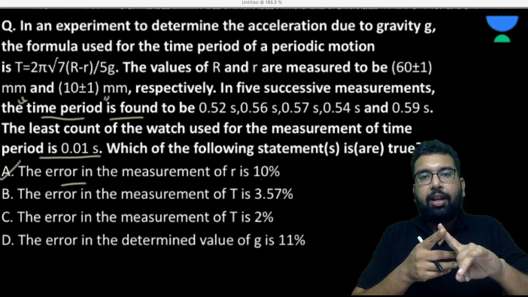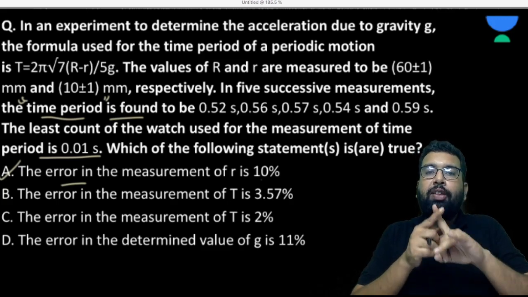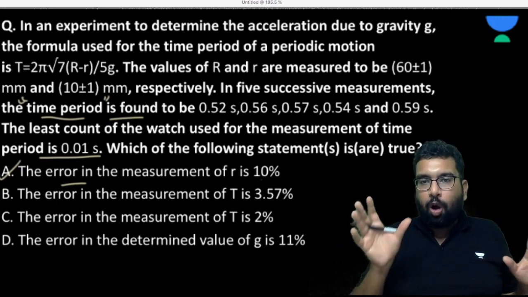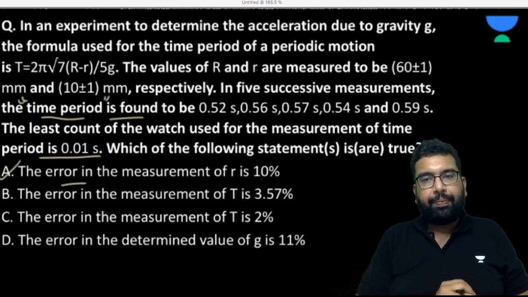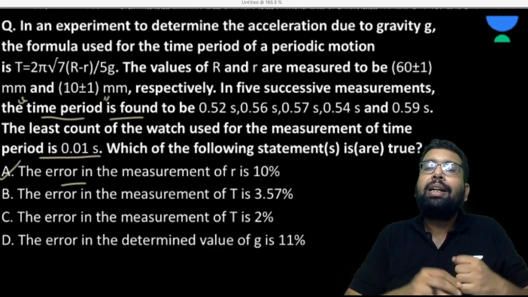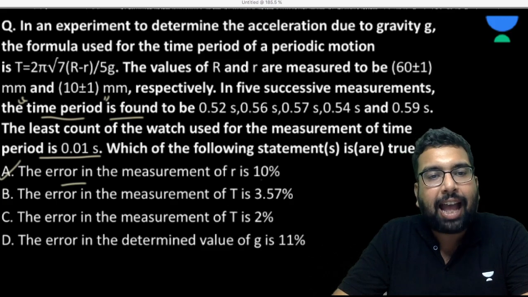We have taken 5 successive measurements of 0.52, 0.56, 0.57, 0.54, and 0.59. These are multiple measurements, and to get nearest to the true value, we can take the average of it.